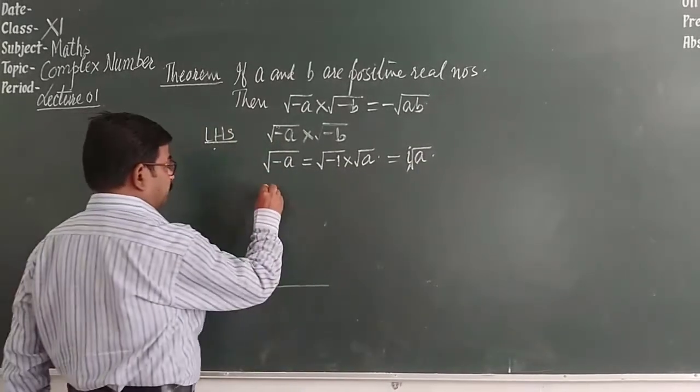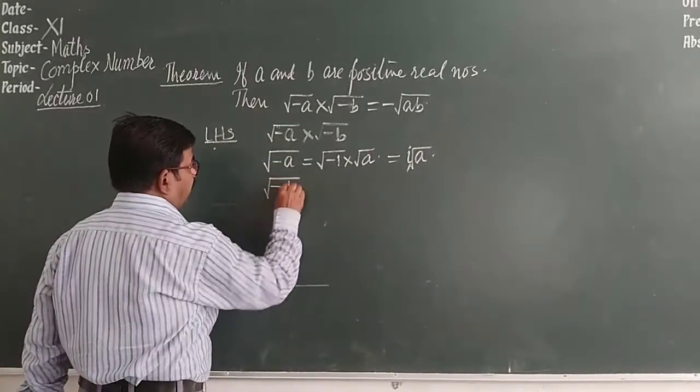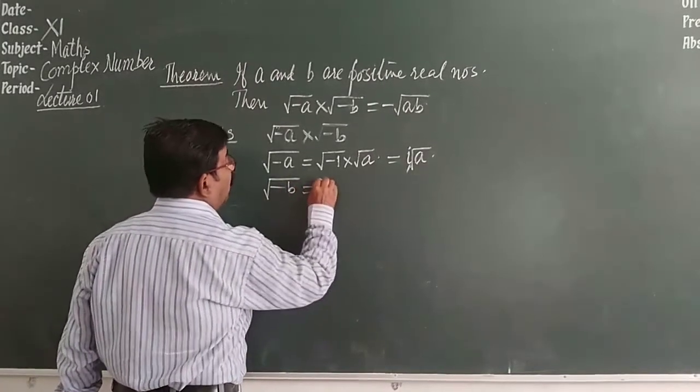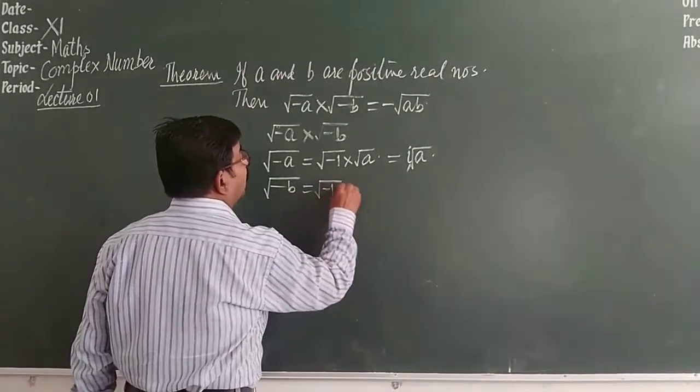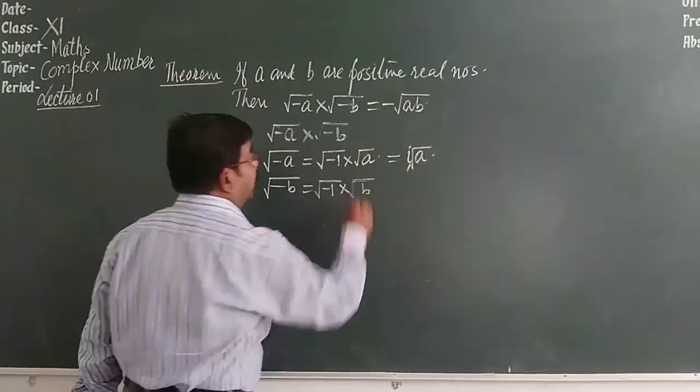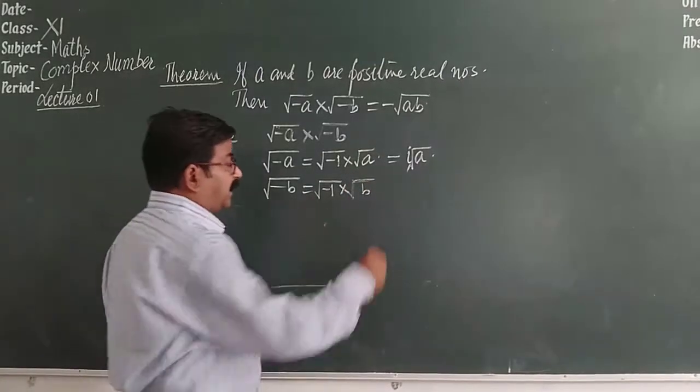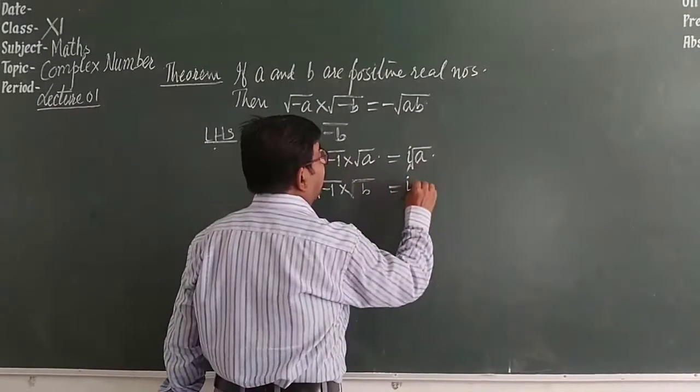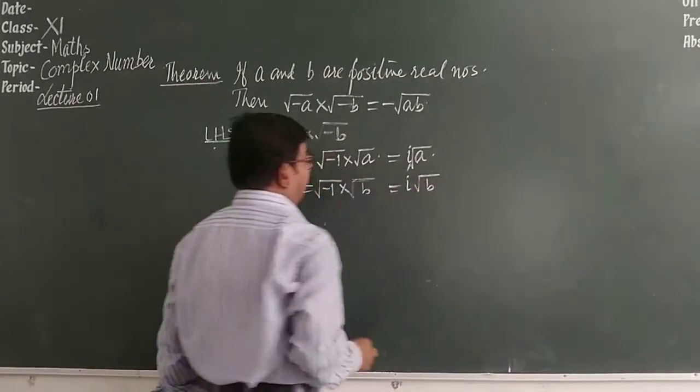For b, under root minus b is under root minus 1 into under root b, and once again minus 1 is i, so i into under root b.